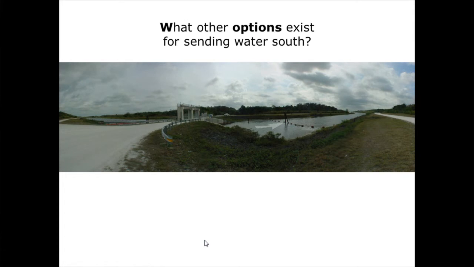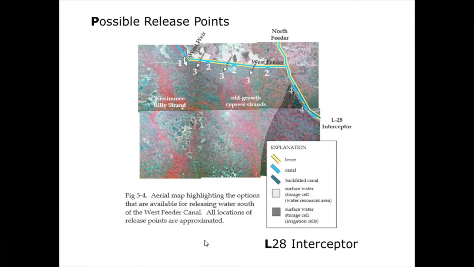So what are other options for sending that water south? Do we really just want to bypass all that conservation land? It's maintaining a status quo that was relevant decades ago and no longer makes sense. What are those possible release points?